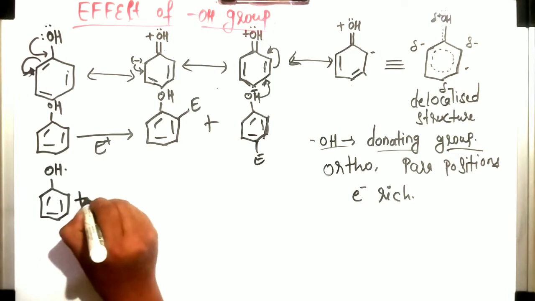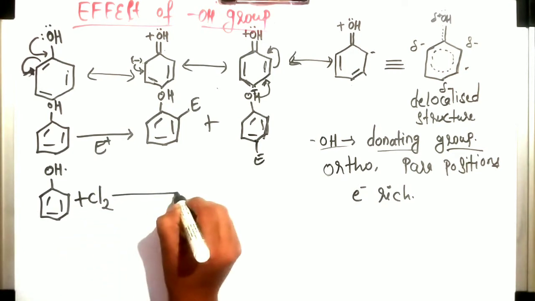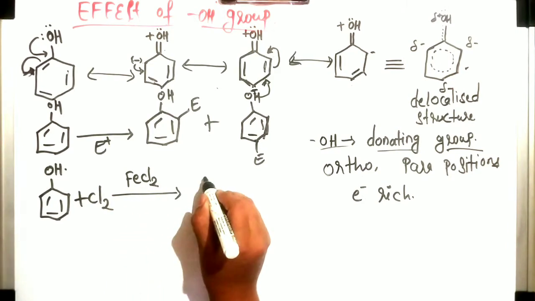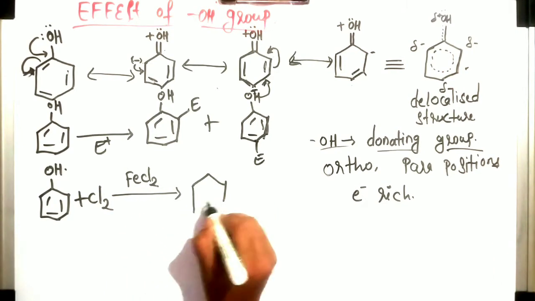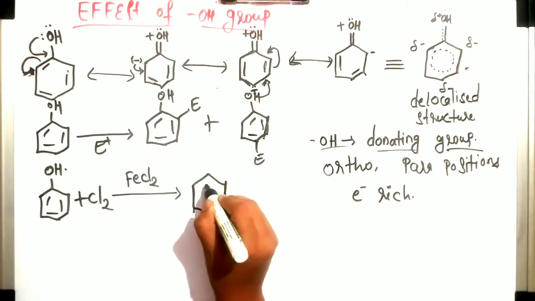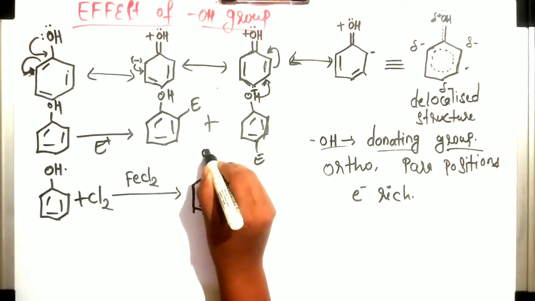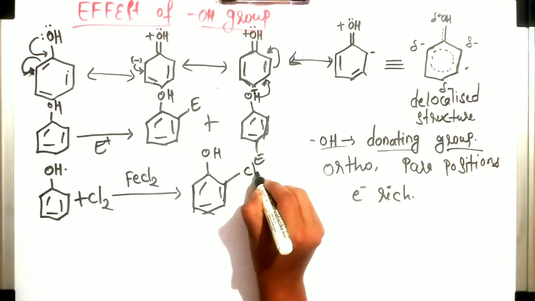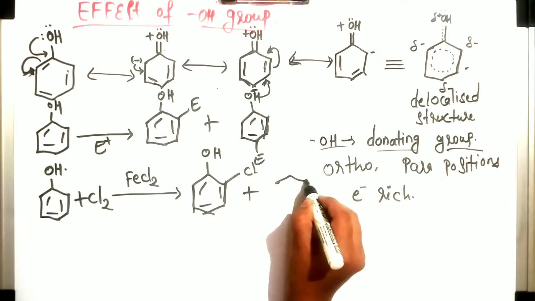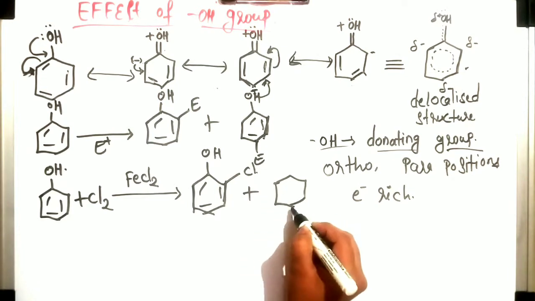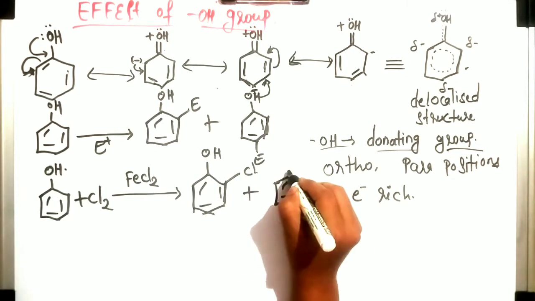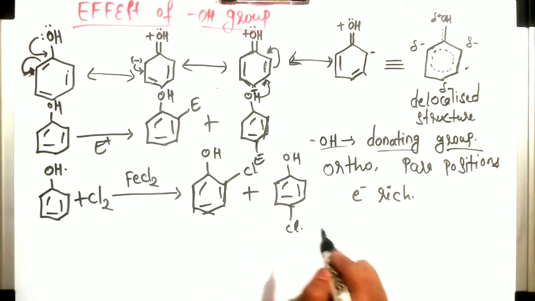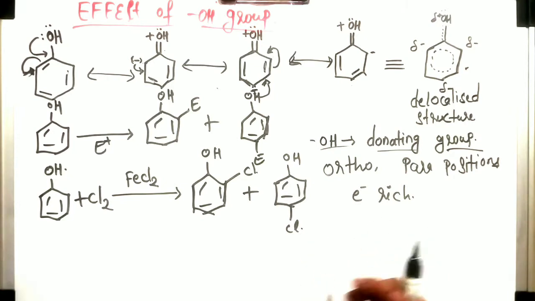We will take Cl2. What will be the intermediate? That is FeCl3. Then this will remain the same, and at the ortho position we will get one Cl and one at the para position. So this is about the effect of the OH group in the benzene ring.